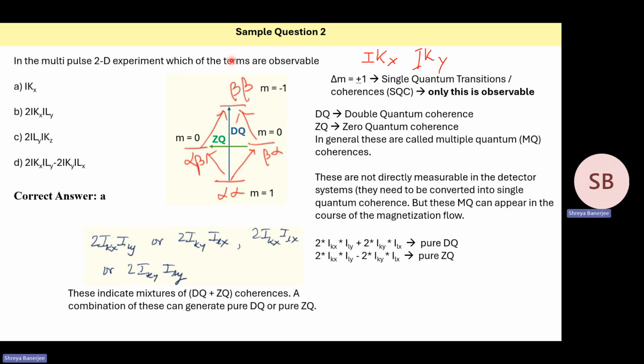So when this question asks which term is observable, the correct answer is option A, because the only single quantum transition is option A. B and C are mixtures of double quantum and zero quantum coherence, and D is either pure double quantum or pure zero quantum coherence. None of B, C, D can be observed because the only thing we can observe is single quantum coherence. So the correct answer is A.